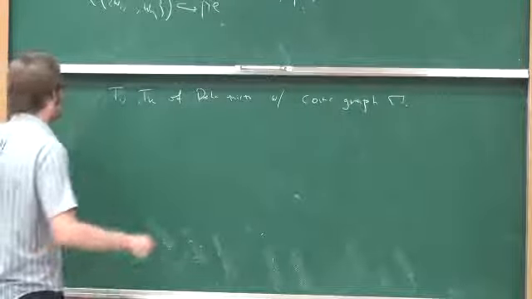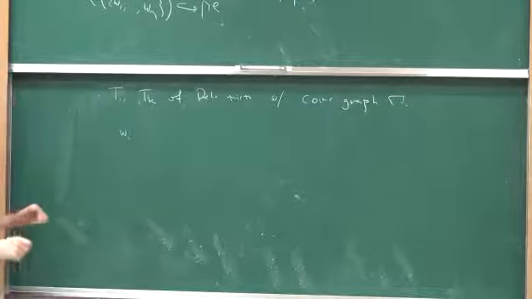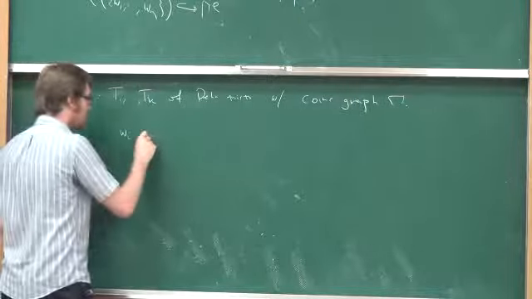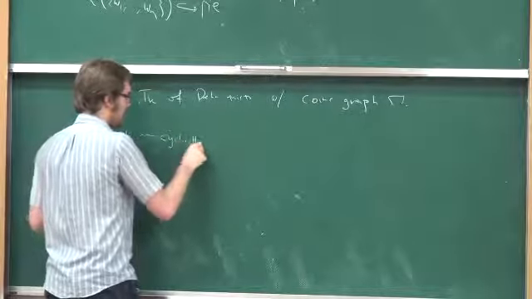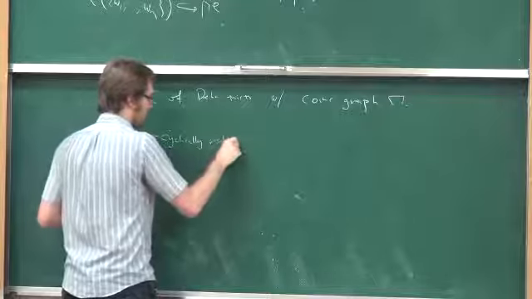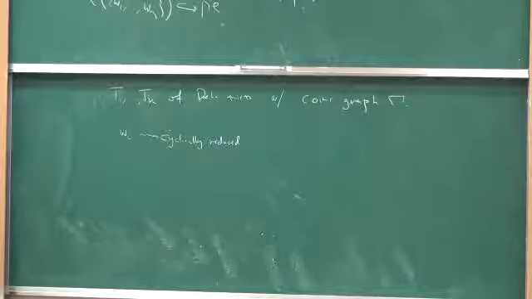And now you can start with some Wi on our list, and first cyclically reduce it. So that means you've conjugated so that if you have a vertex and its inverse occurring at the beginning and at the end of the word, you just get rid of those. It's really just a conjugate of Wi.